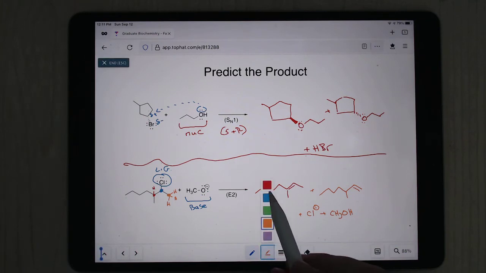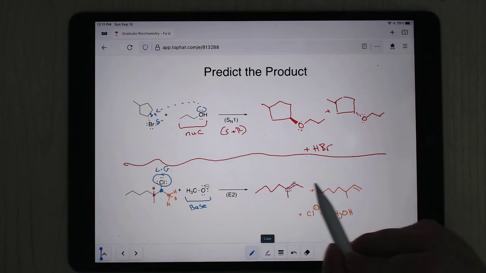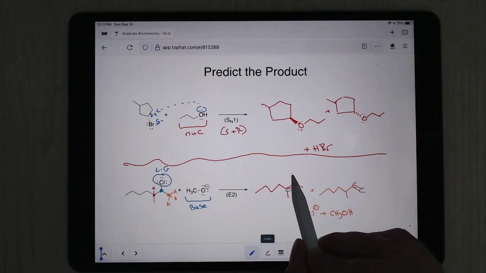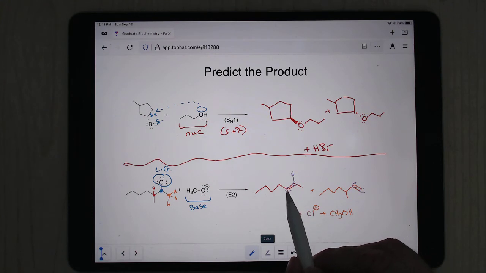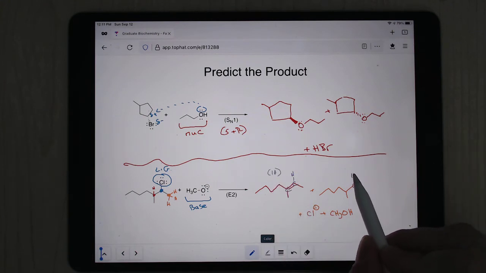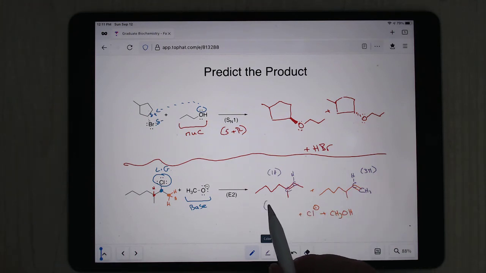Okay, so if we're looking at hydrogens directly on the carbons of the alkene, there's only 1 hydrogen over here, none here, so there's 1 hydrogen. Here there's 1 hydrogen, and this is 2 hydrogens, so this has 3 hydrogens on it. So the red one's the more substituted of these two, and so this is going to be the major product.